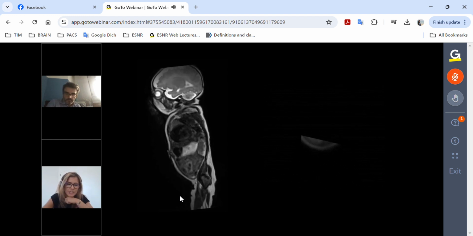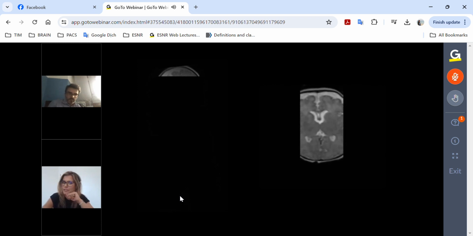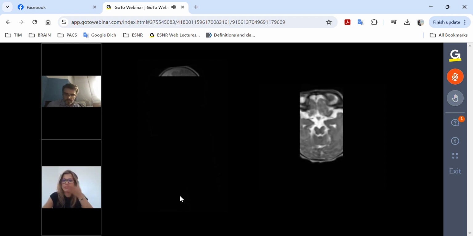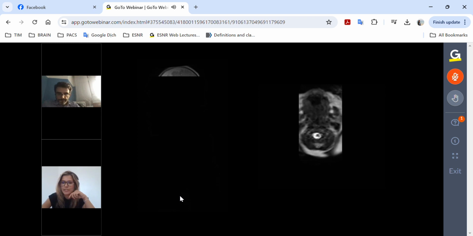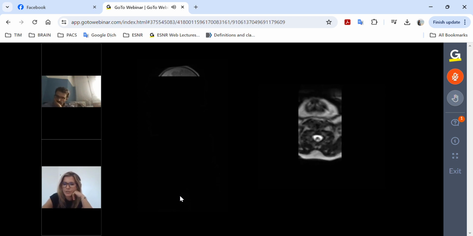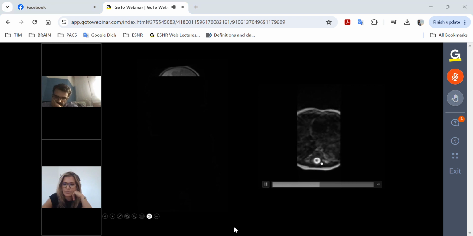This is a sagittal T2 weighted image of the spine. You can see on the axial plane that there is no dilatation of the ependymal canal, and the conus medullaris, the medulla, will stop at the level of L1.